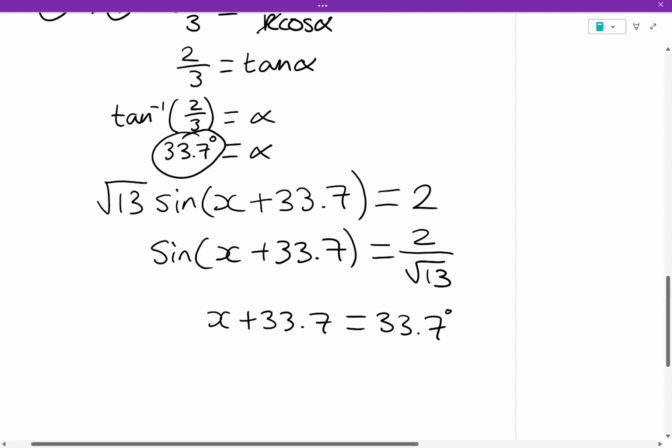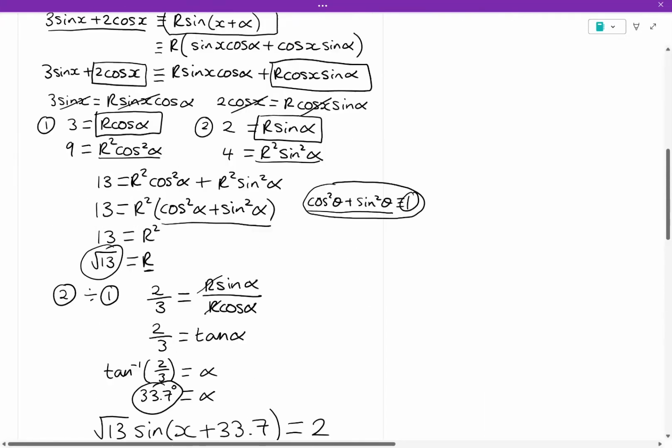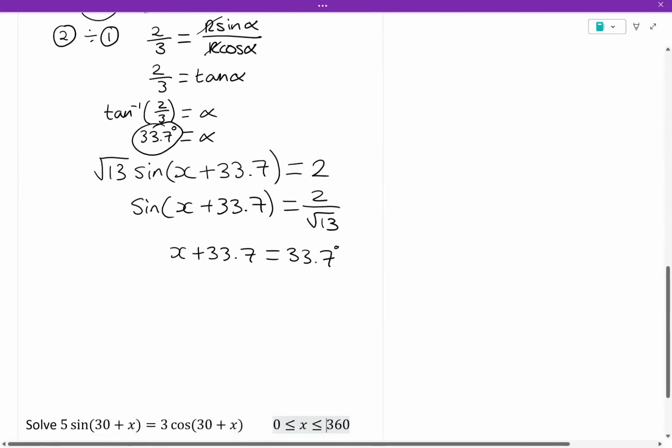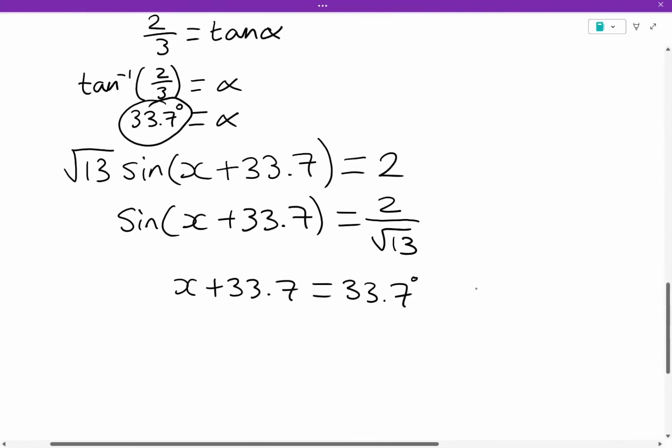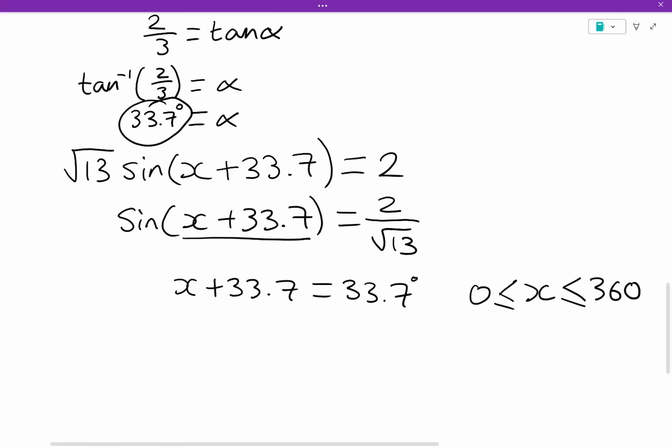But now what we have to do is consider the range that we are working in. The range requested by the question is 0 to 360, so I'm just going to write that over here. However, if we look at the angle in our trig function, it's x plus 33.7. Therefore, the initial angles we find before we subtract the 33.7 are going to be in a different range to the 0 to 360. So I'm going to go to this inequality.